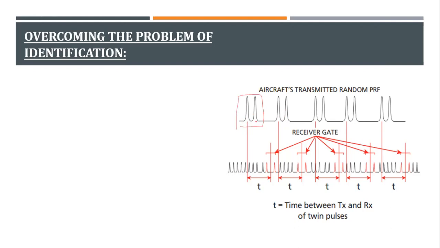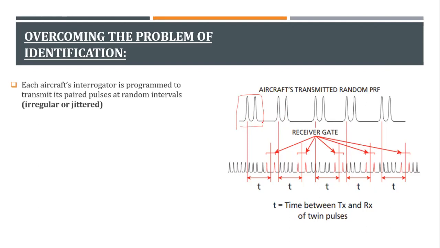Now these pulse pairs have a little gap, an interval. It could be different, or it could be random. For each aircraft, it's random. It's programmed to transmit the paired pulses at random intervals, which is also known as irregular or jittered.